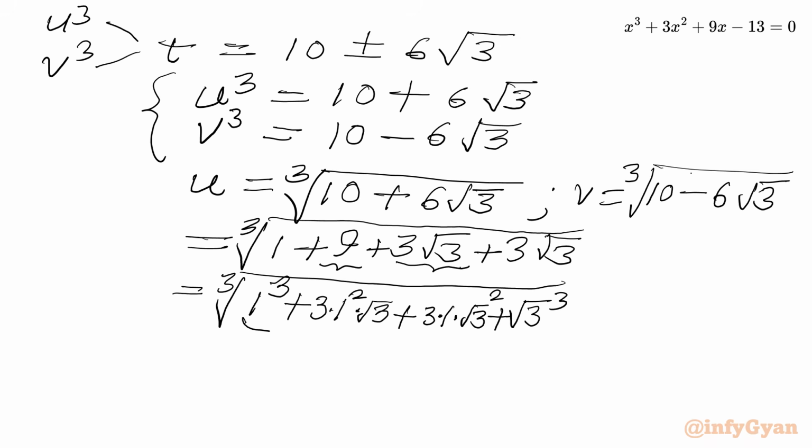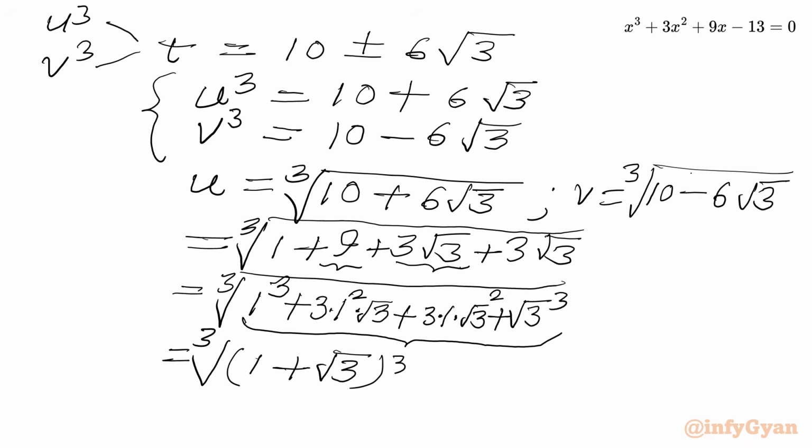Now this is a cube plus 3a square b plus 3ab square plus b cube, which is a plus b whole cube. So we can write cube root of 1 plus square root 3 whole cube. We can cancel cube root with cube, so u will become 1 plus square root 3.